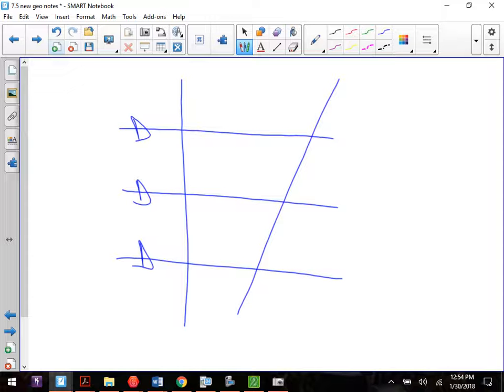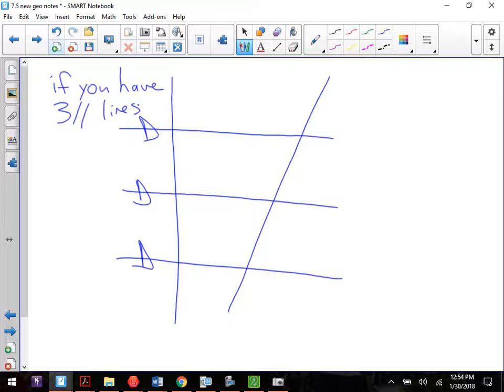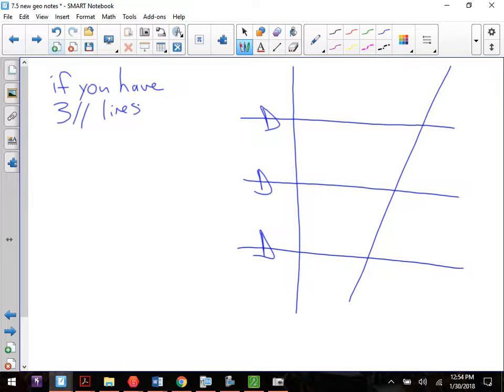So again, if you see 3 parallel lines, think of the middle one as a fraction bar.